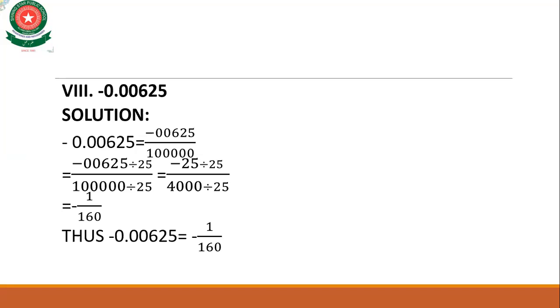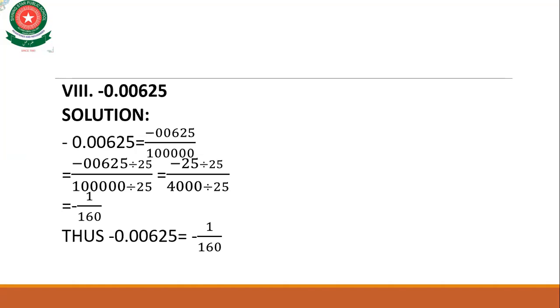When we remove the decimal point, we know that we have to put 1 just below the decimal point. Then we have to put zeros equal to the digits after the decimal point. So here we have to put 5 zeros because we have 5 digits after the decimal point.